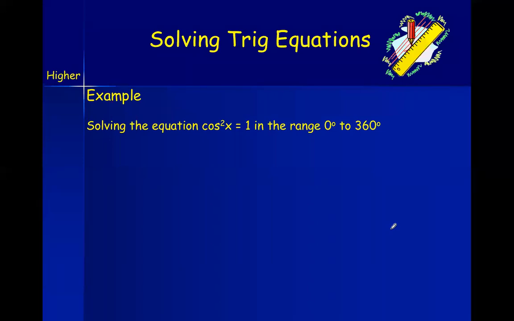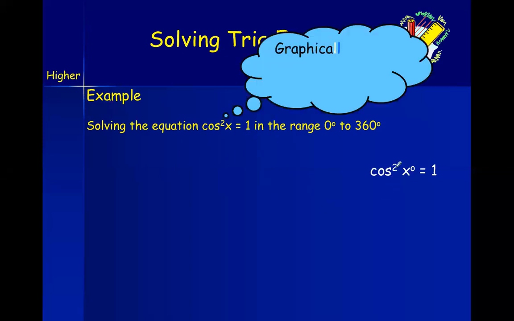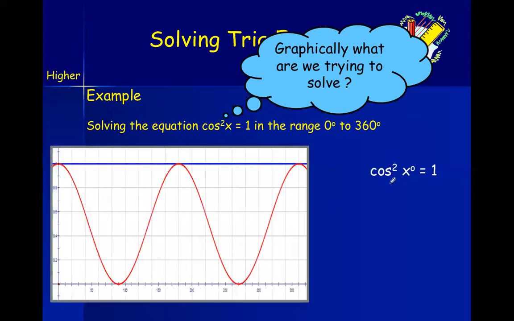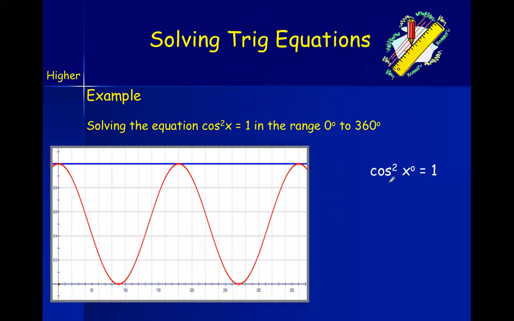Last part of Unit 2 is cos squared x equals 1. So if you're asked to solve cos squared x equals 1, this is more like when you get to higher, but you would try and say, I need to take the square root of cos squared to get cos. It just means cos x is either 1 or negative 1.